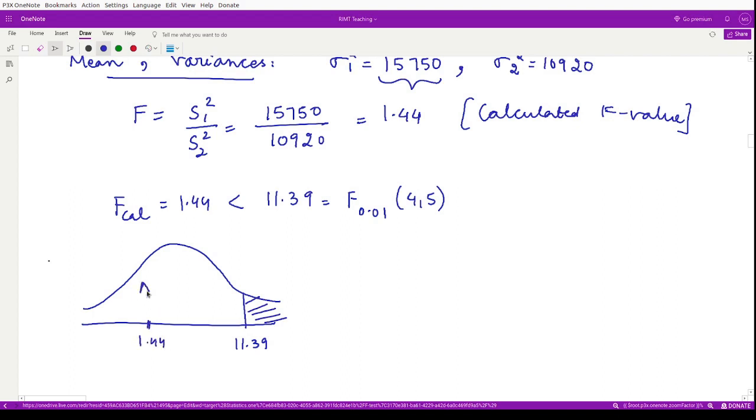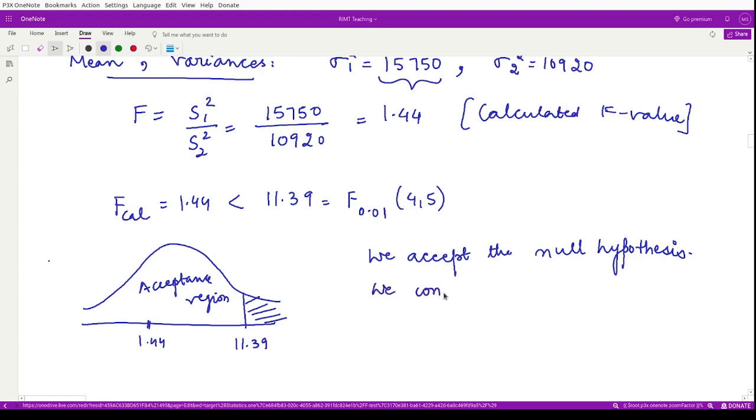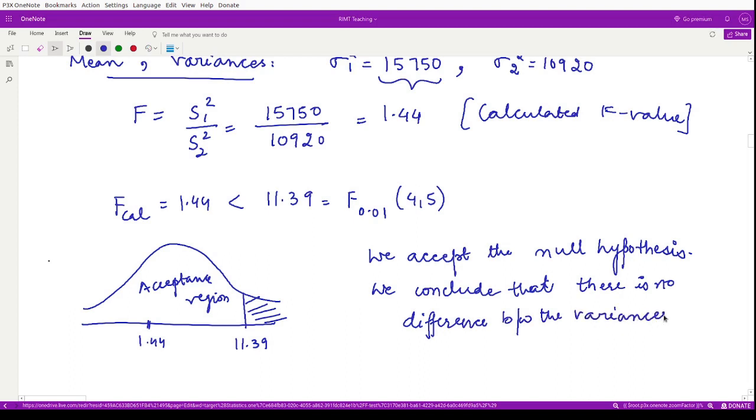So that means in this case it is lying in the acceptance region. According to that, we accept the null hypothesis, and according to the null hypothesis we conclude that there is no difference between the variances of the two populations.